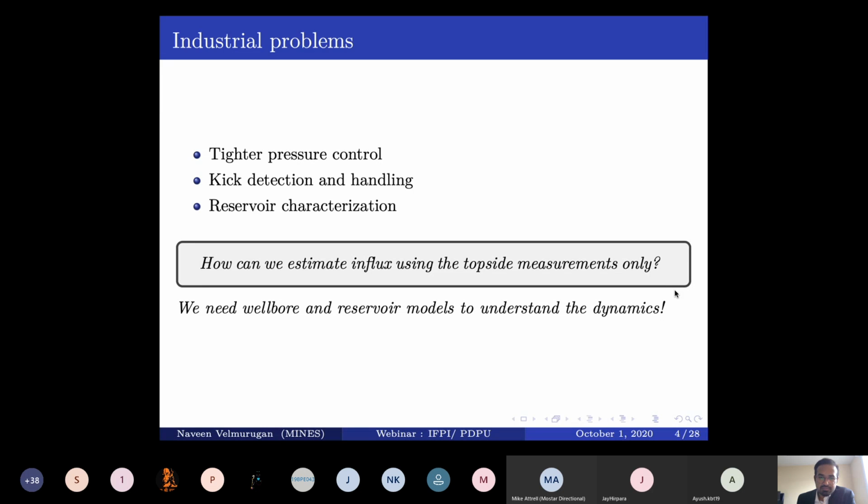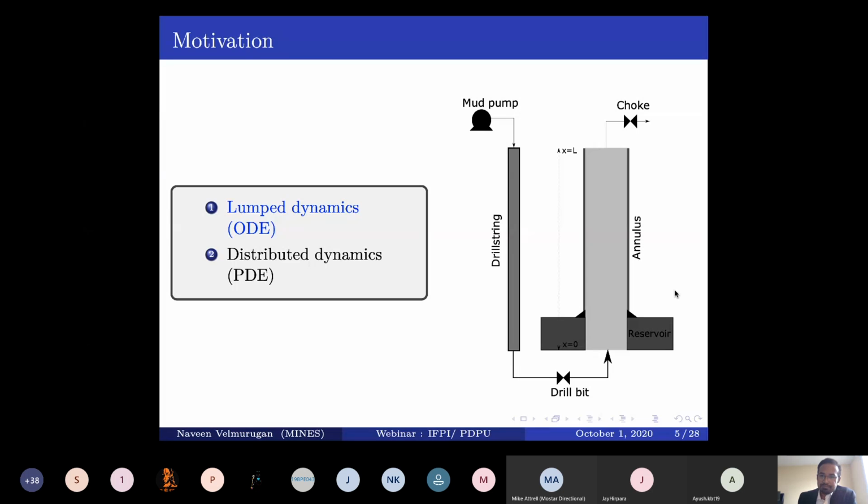This is highly prone to damage. Also, it is delayed. It is also affected by a lot of noise. So it's quite unreliable. And if you want better control, you want a model that you can rely on, right?